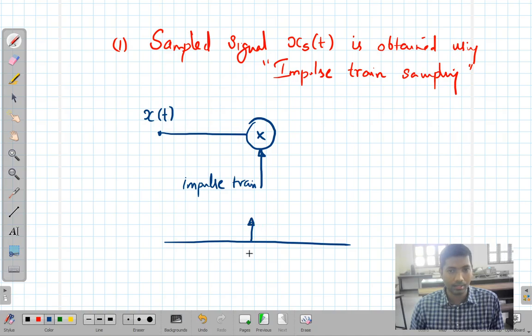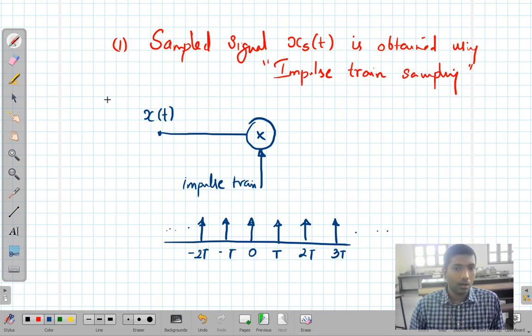This is at t equal to 0. At capital T we have another impulse, at 2T another impulse, at 3T another impulse, and so on. Similarly to the left side as well: minus T, minus 2T, and so on. So this is an impulse train.